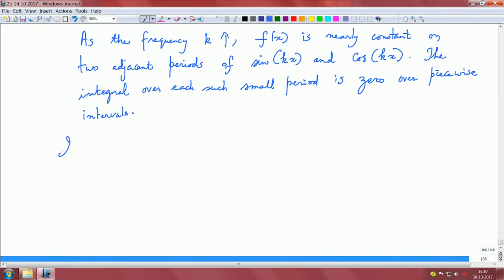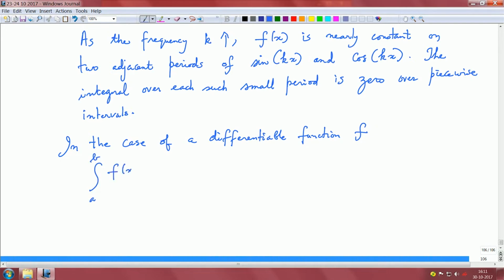Now in the case of a differentiable function f, let us assume that this function is differentiable. I am considering the integral from a to b of f of x cos kx dx, this inner product here. So this is sin kx, and I am integrating by parts: first function times the integral of the second function, minus the integral of the derivative of the first function times the integral of the second function.